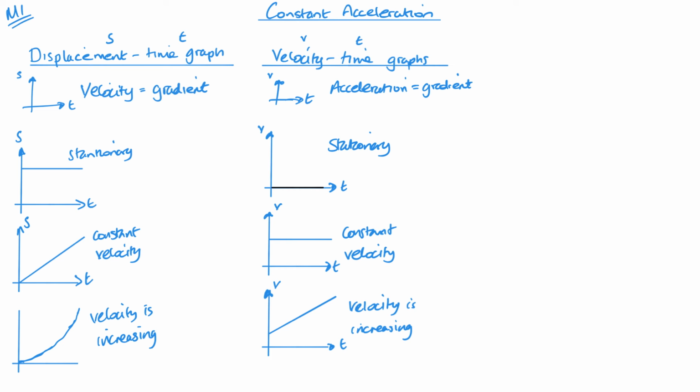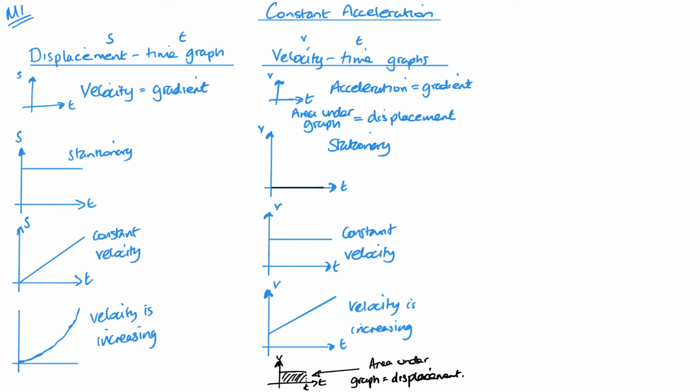Okay, now you need to be able to recognize these graphs when they come up in questions. One additional thing to look at is area under the graph. Okay, so the area under my velocity time graph is going to be equal to the distance, or in this case the displacement. And I should clarify this a little bit.